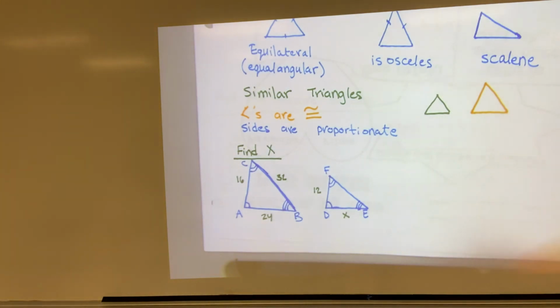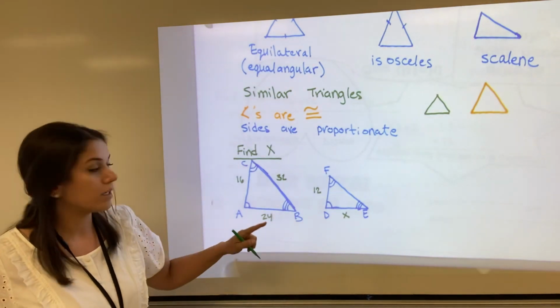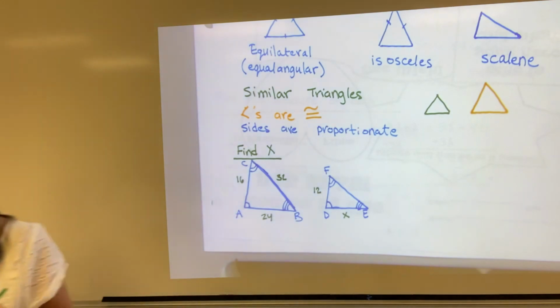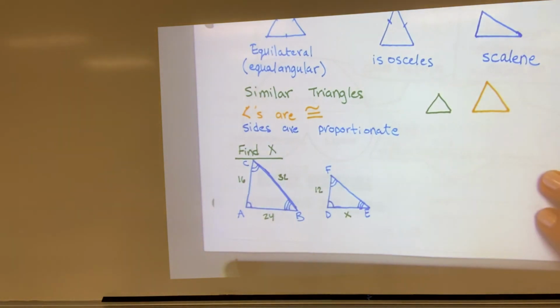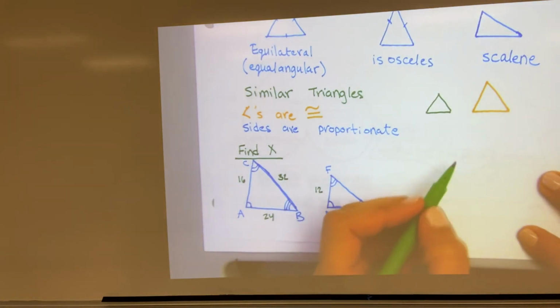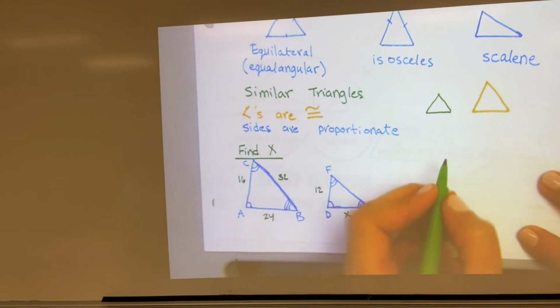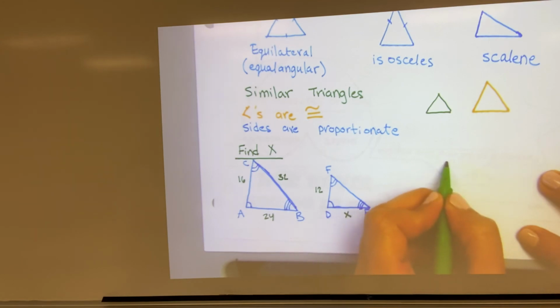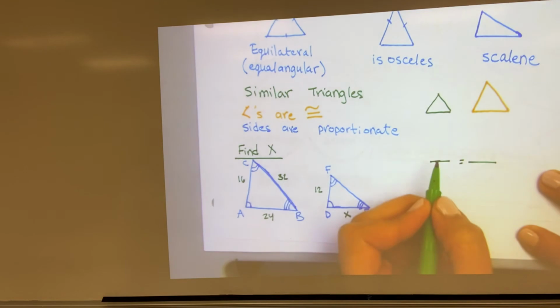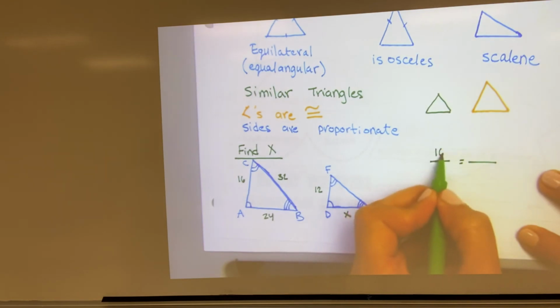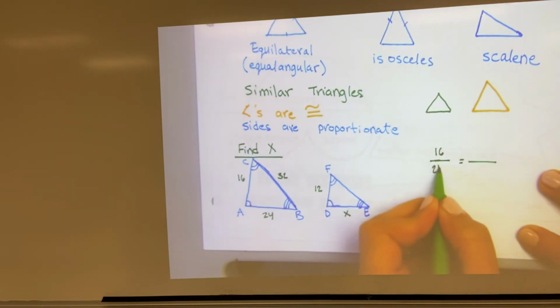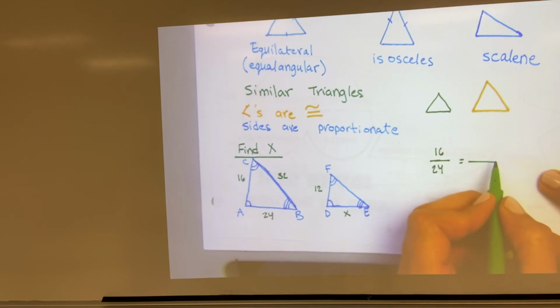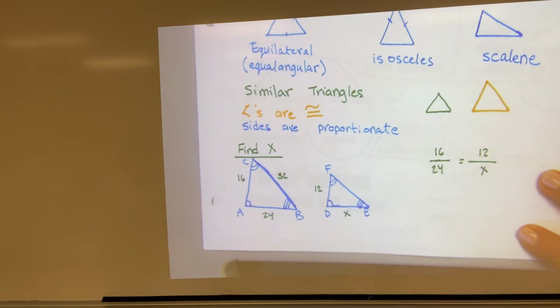So I can set up a proportion and find x. I'll have all information for one triangle on this side. This is how we set a proportion. So I have 16 to 24 should be equal to 12 to x.